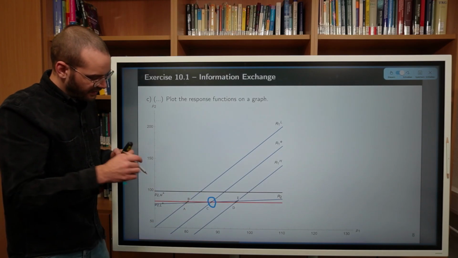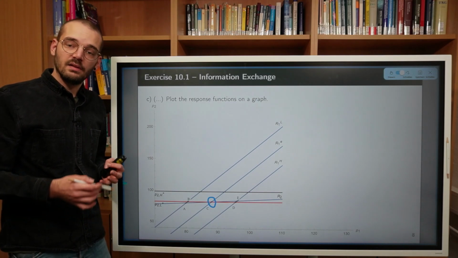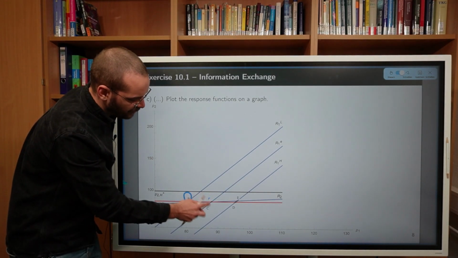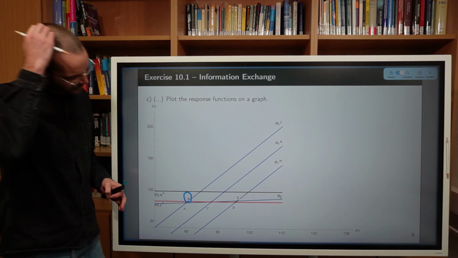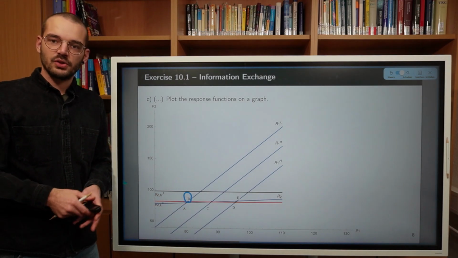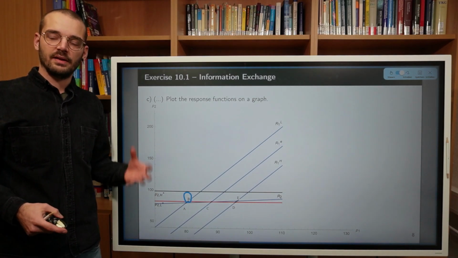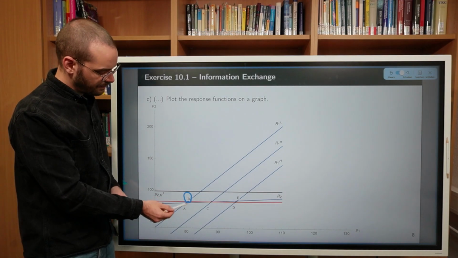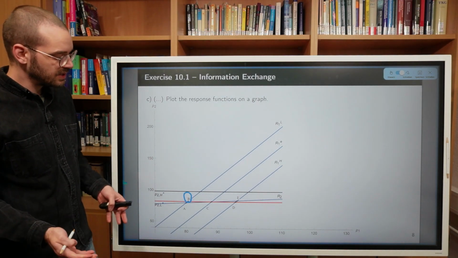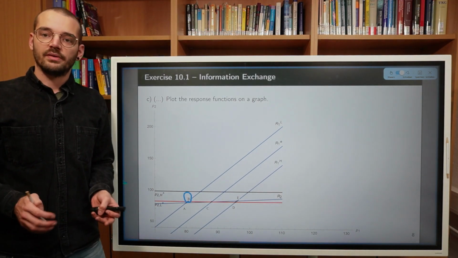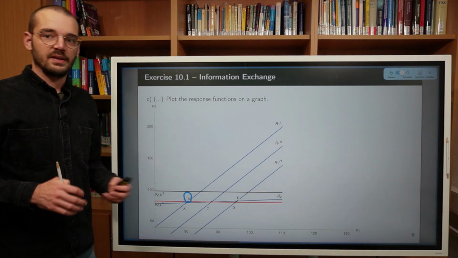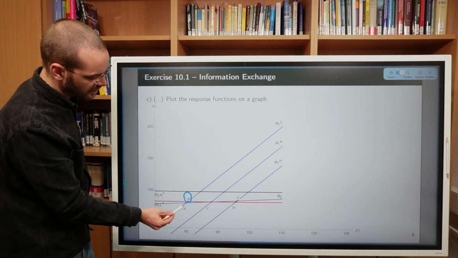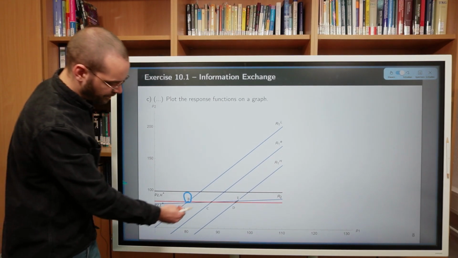So in the world with uncertainty, the equilibrium is in point B. If we want to analyze whether or not firm 1 has an incentive to tell the truth regarding their actual realization of their costs, we need to compare this equilibrium under uncertainty to the equilibrium that would arise under certainty, under perfect information, which is, of course, the intersection of both reaction functions, so point A down here, right?